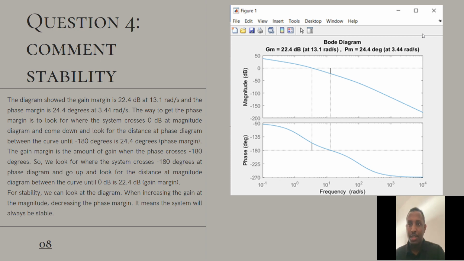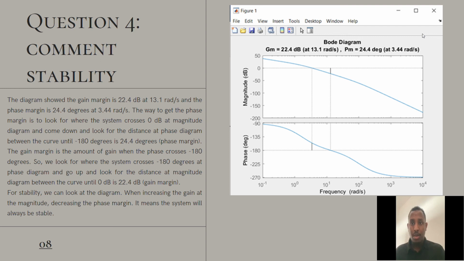The gain margin is the amount of gain at which the phase crosses negative 180 degrees. So we look for where the system crosses negative 180 degrees on the phase diagram, go up, and look at the distance on the magnitude diagram between the curve and 0 dB, which is 22.4 dB.